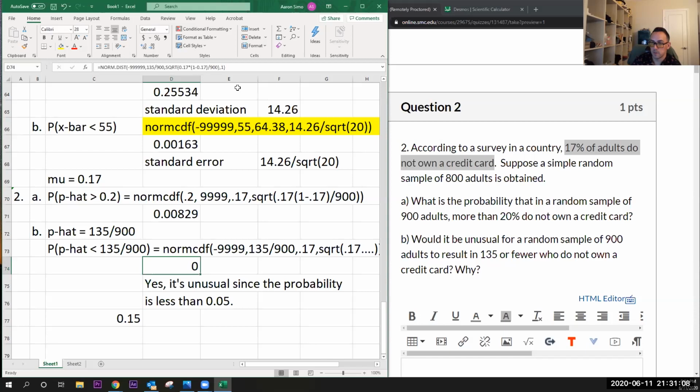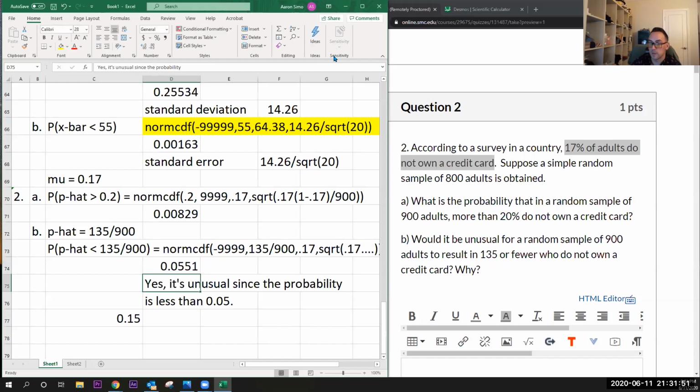The mean is not in here anywhere. We're supposed to put the mean second, so it should be 0.17, comma. I plugged it in totally wrong here. That's why it's coming out weird. Mean, standard deviation, cumulative. This looks right.